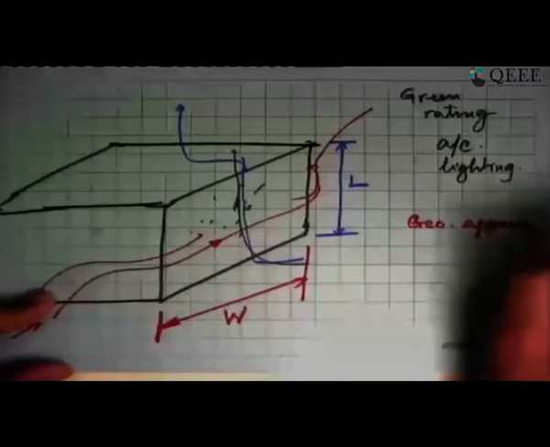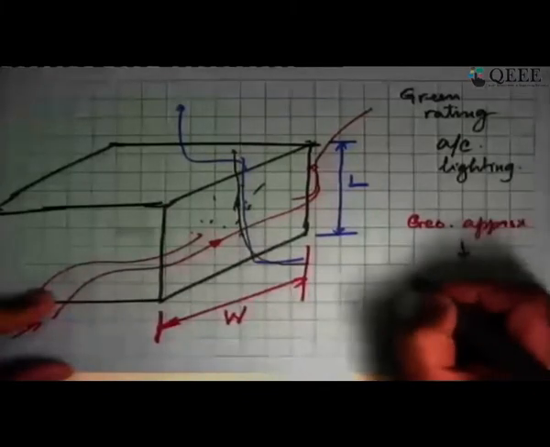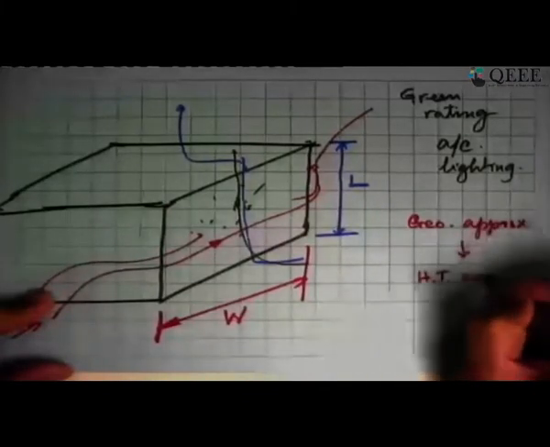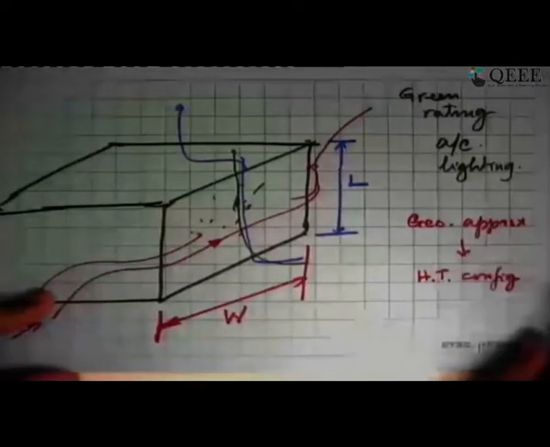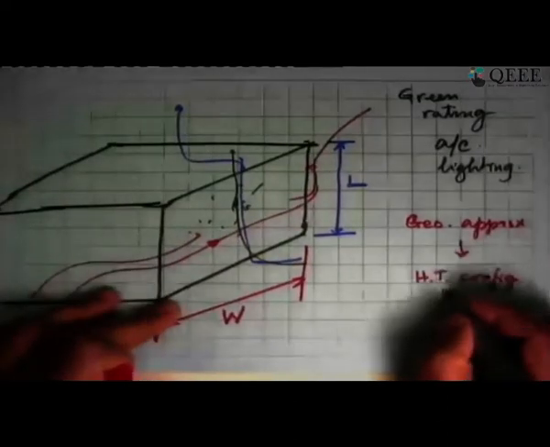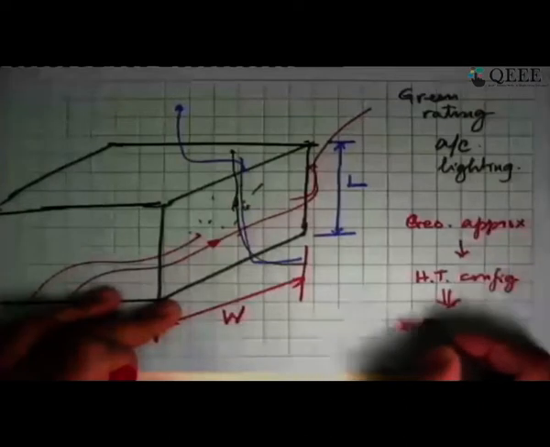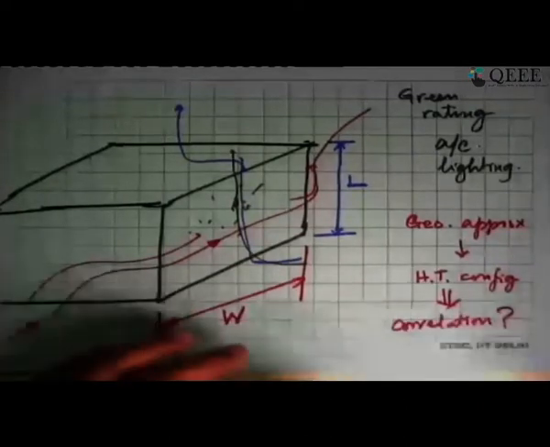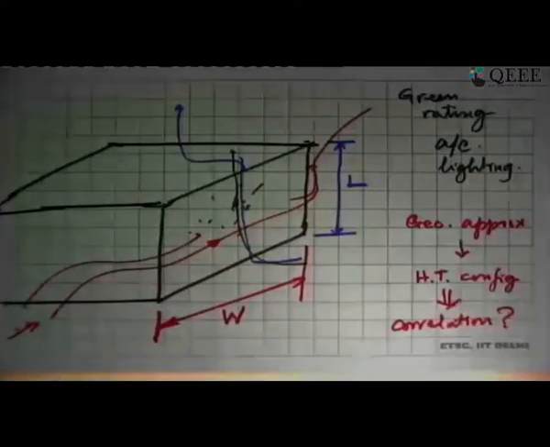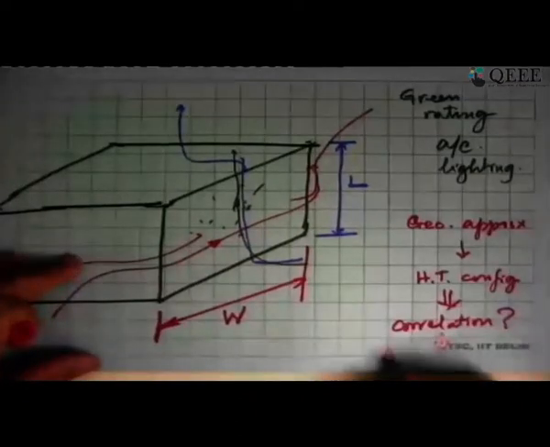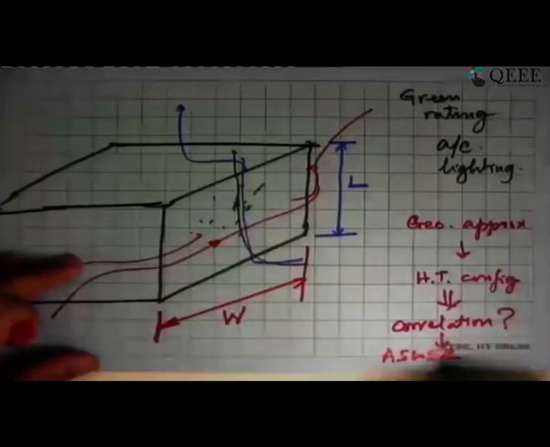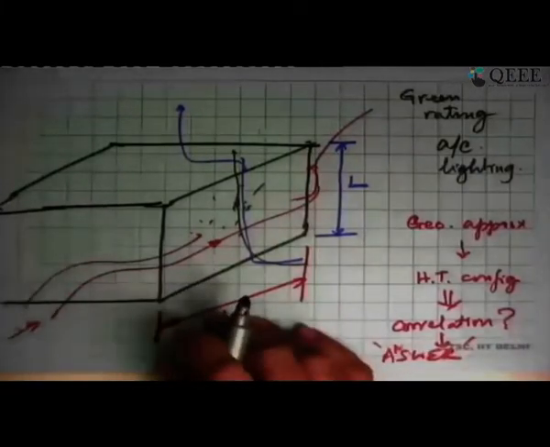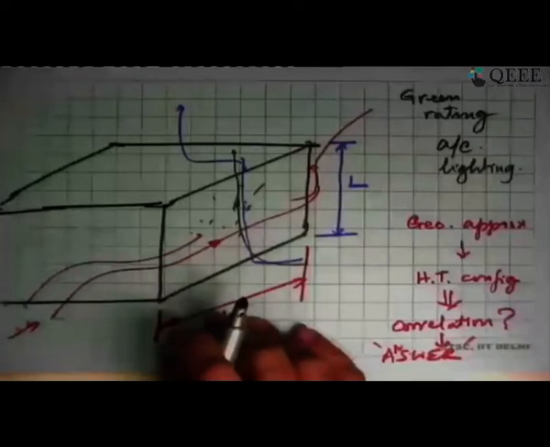And from that approximation, we are then using some heat transfer configuration. And this is important to define because this configuration told us which correlation to use. And then we must remember that the answer that we get is not something which is accurate within plus minus 1% or plus minus 2%.